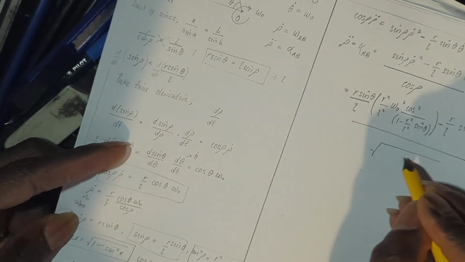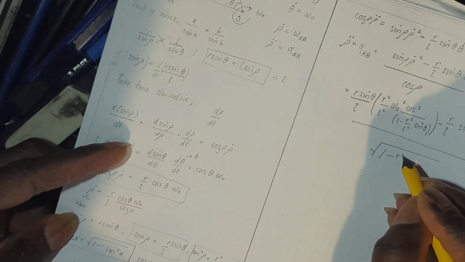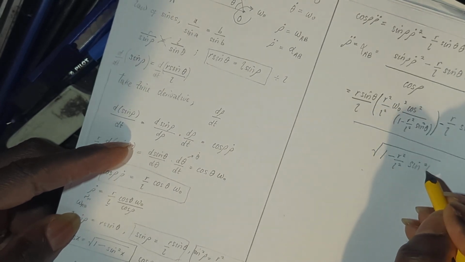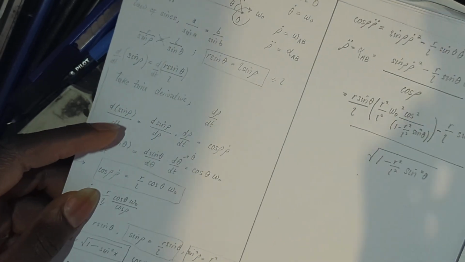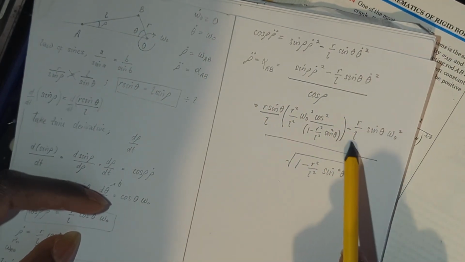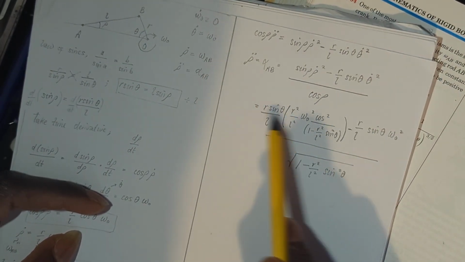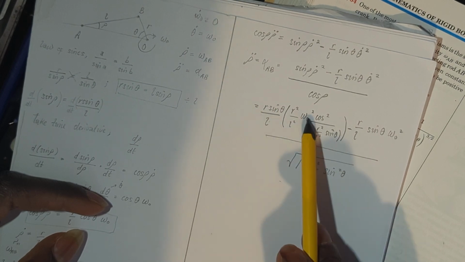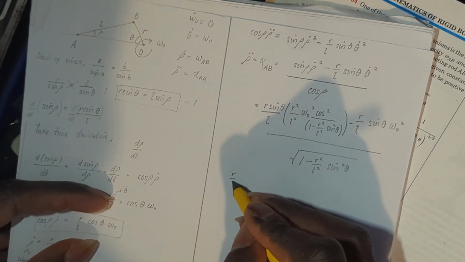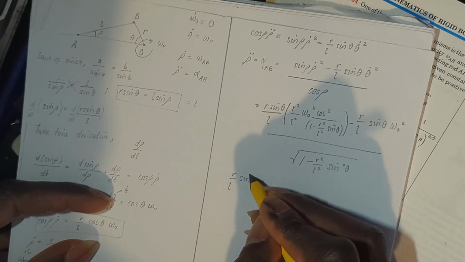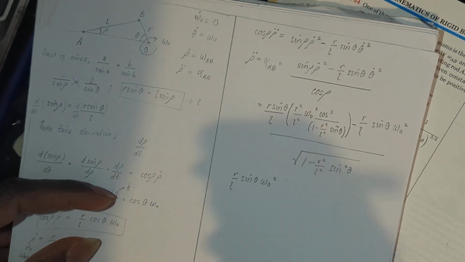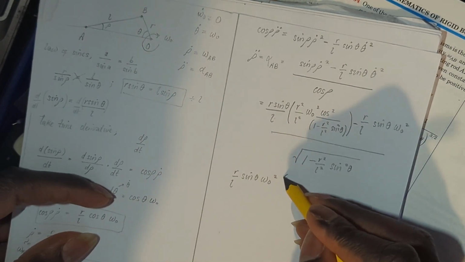We can simplify out of this. Why can we simplify? From this, you can bring out r over L on each side. I have r over L, omega naught squared and sine theta common to both. So let me bring that out first: sine theta, omega naught squared. Now, our lives have been made a bit easier.